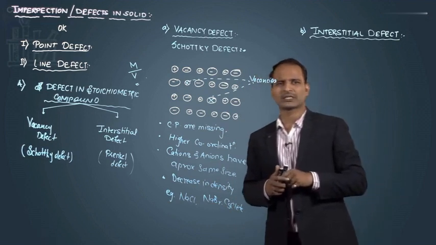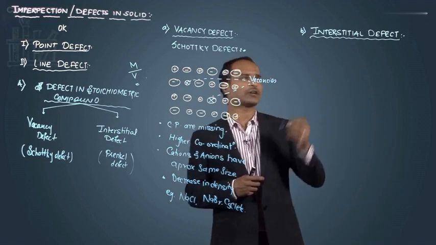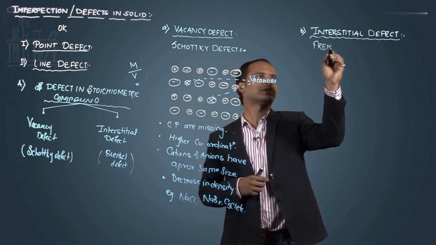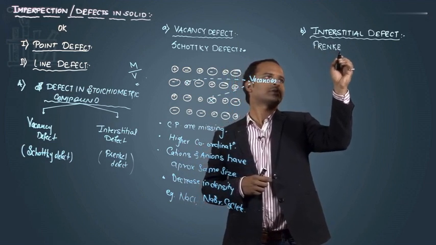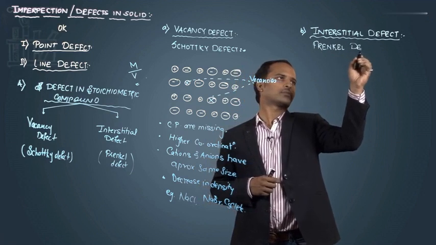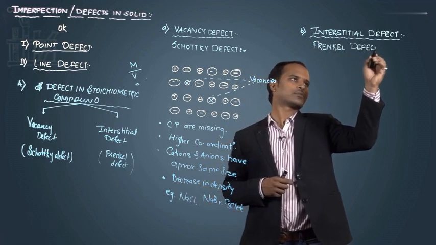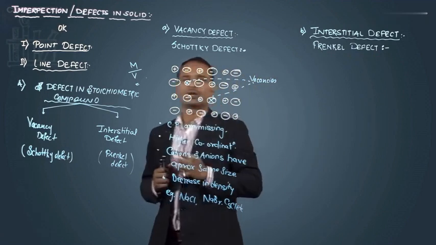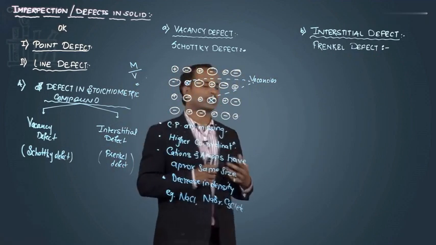Now what happens in this case? This is generally observed in ionic solids, and when it is observed in ionic solids, we call it a Frenkel defect. This is another name for it. In short, we have Frenkel defect. Now what is Frenkel defect or interstitial defect?